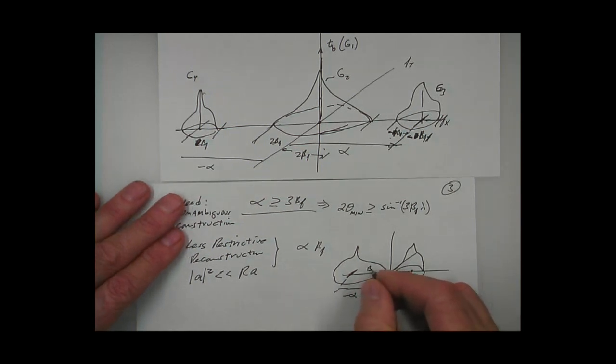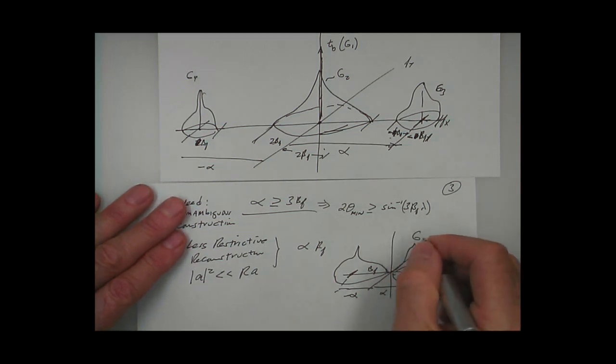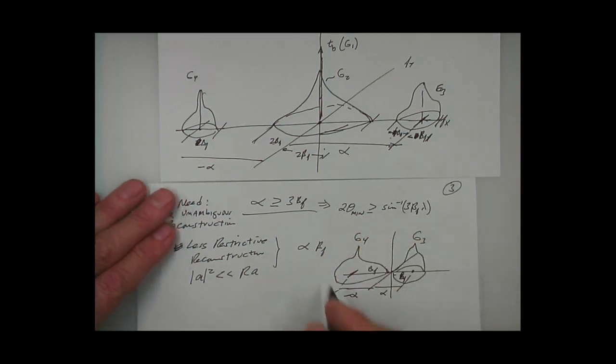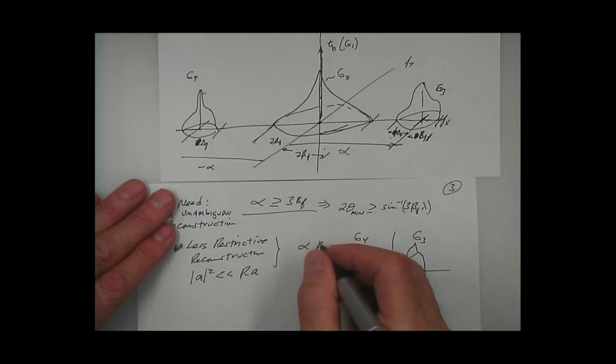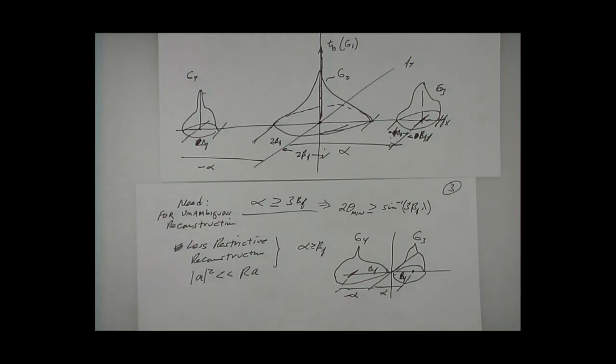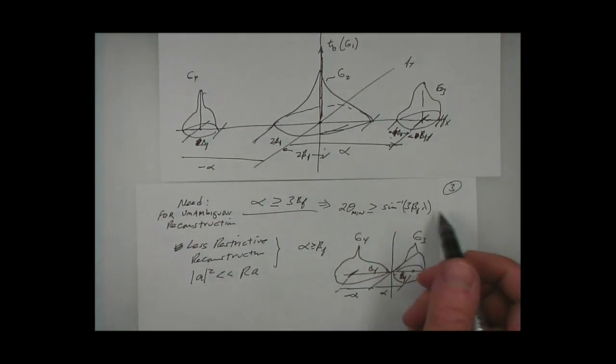That's supposed to be BF, BF, and that's also supposed to be BF. So this is G3 and G4. Now alpha just has to be greater than or equal to BF, because as you can see here, the angle that we need in one case is going to be much greater in this more restrictive case than in the other.